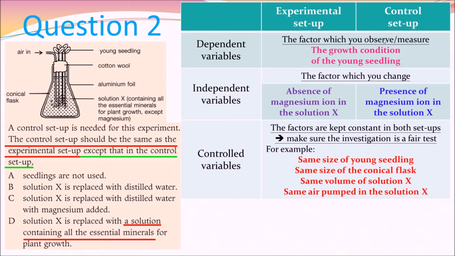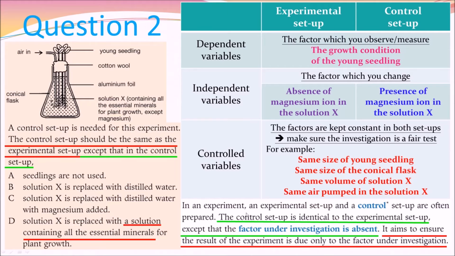And this factor, DV, depends on what you do to the plant. So in the experimental setup, we provide solution X containing all essential minerals except magnesium. So in the control setup, what does it mean? The secret thing is that the control setup should be identical to the experimental setup.